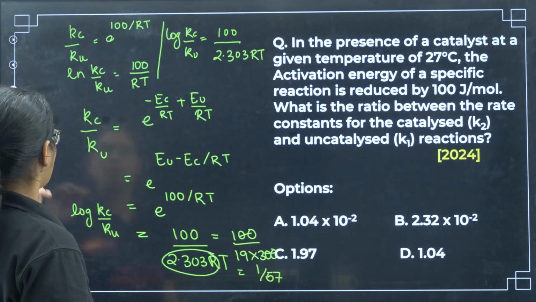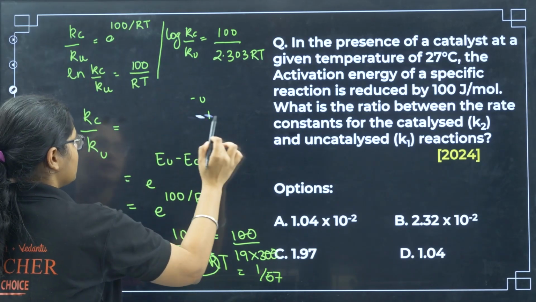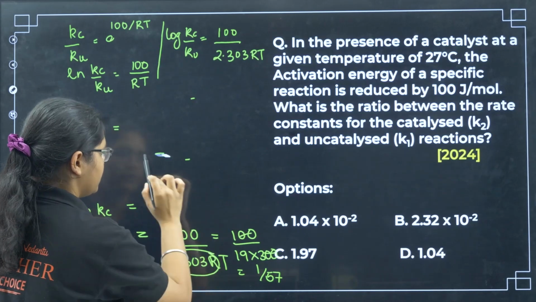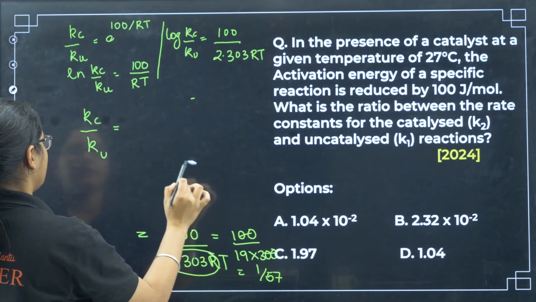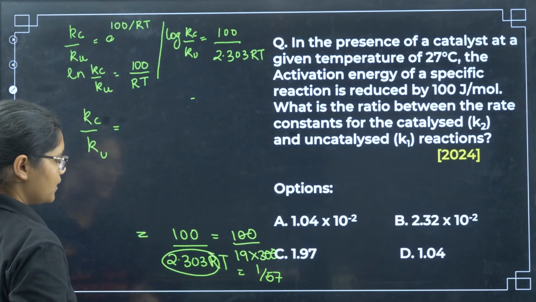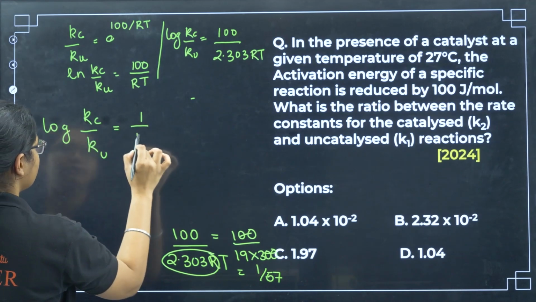Now I can write it like this: log Kc by Ku is equal to 1 by 57.